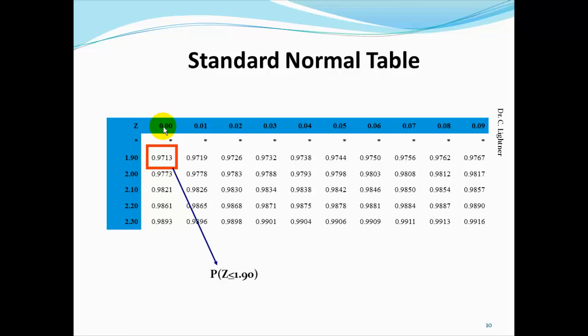In this case, there's an implied 0 in this position. Wherever the row and the column meet for our z-score, that is the area under the curve to the left of the z-score. So for this problem, the area to the left of the z-score 1.9, or the probability that z is less than or equal to 1.9, is the value 0.9713.